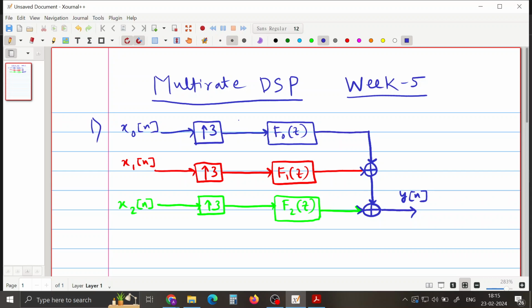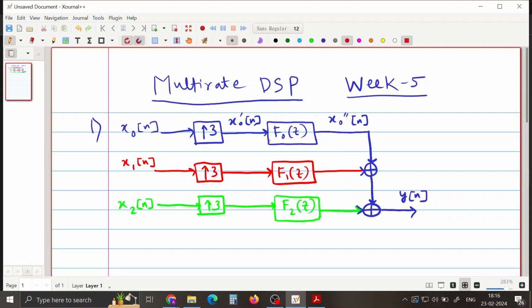So that's why, like I have done in previous sessions as well, we will assign some names to these intermediate sequences. In the first branch, the branch on the top, I'll call this intermediate sequence after the upsampler some x naught prime of n. Similarly the sequence after the filtering f naught of z, I'll call it x naught double prime of n.